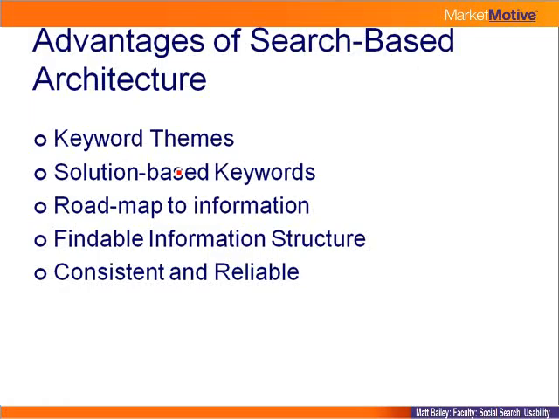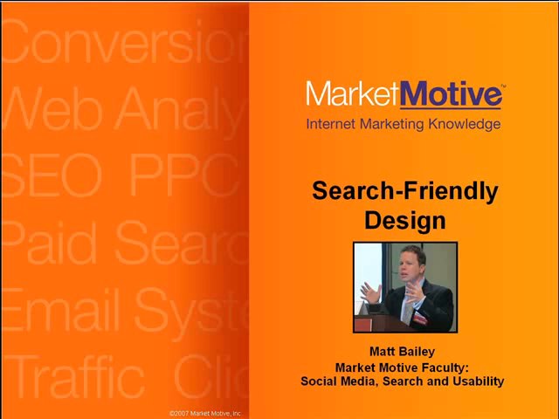Those are also the same areas that are vitally important for search engines as they try to classify your page and know the information and how to build that context of what this page is about. The more your navigation is reliable and consistent, the easier it is for both users and search engines to know exactly where they're at and what type of information they're looking at.